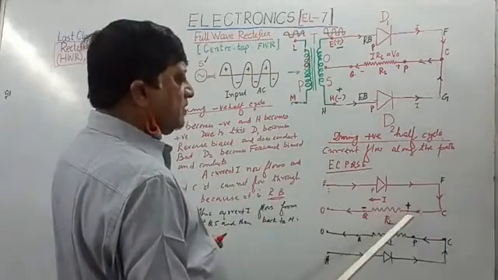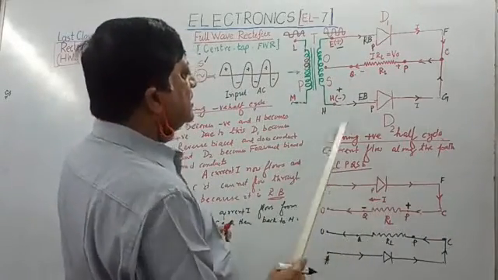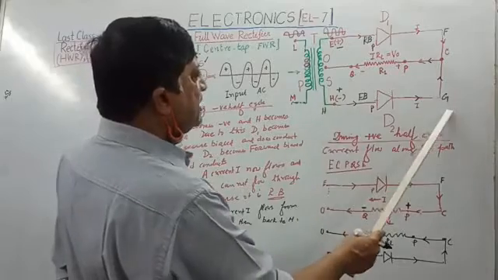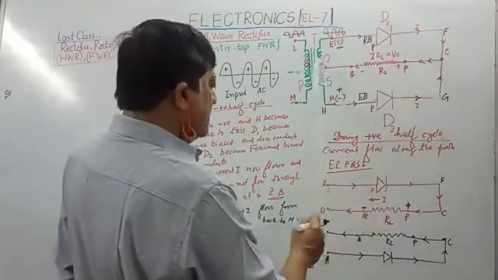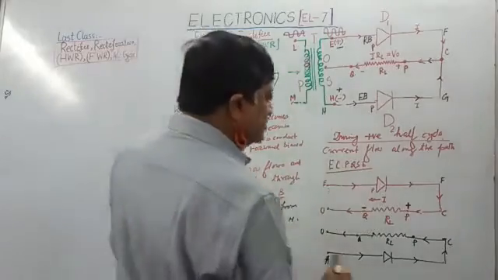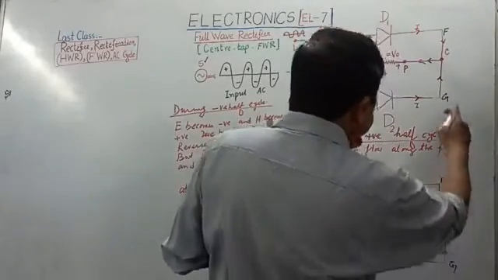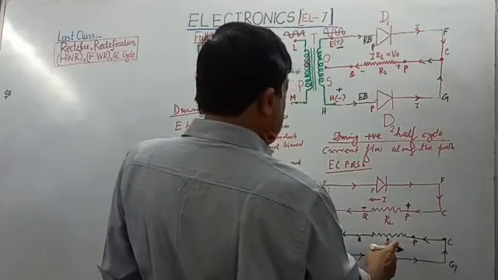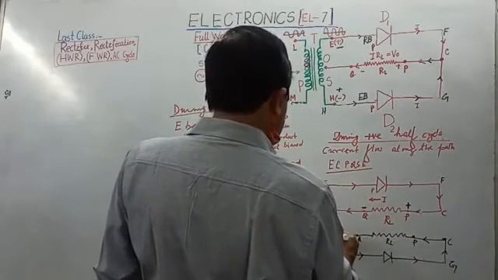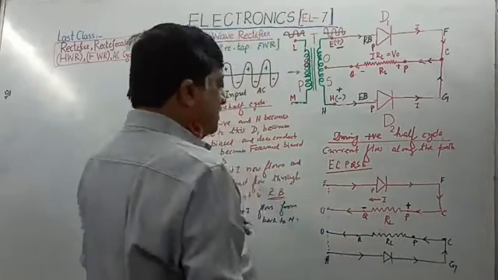Current flows from P to Q, that is your I. In the second case, H to G, G to C, then P, then RL, then Q, back to this, and this is the path.